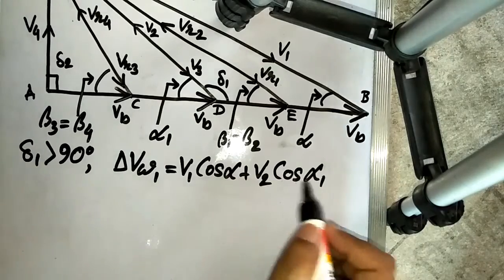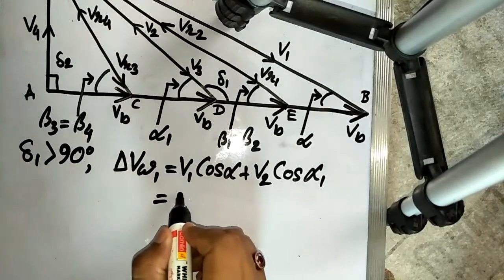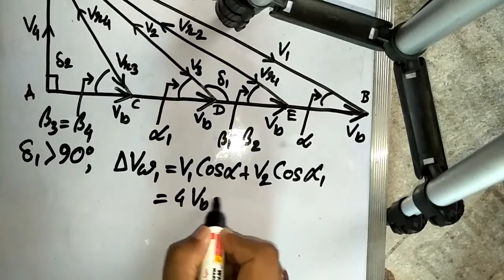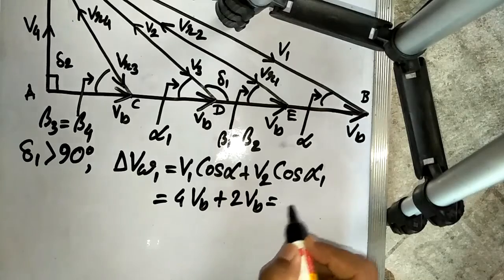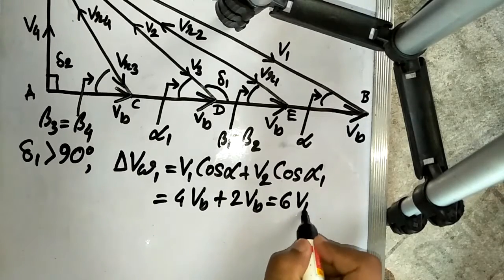So that is equal to 4VB plus 2VB, equal to 6VB.